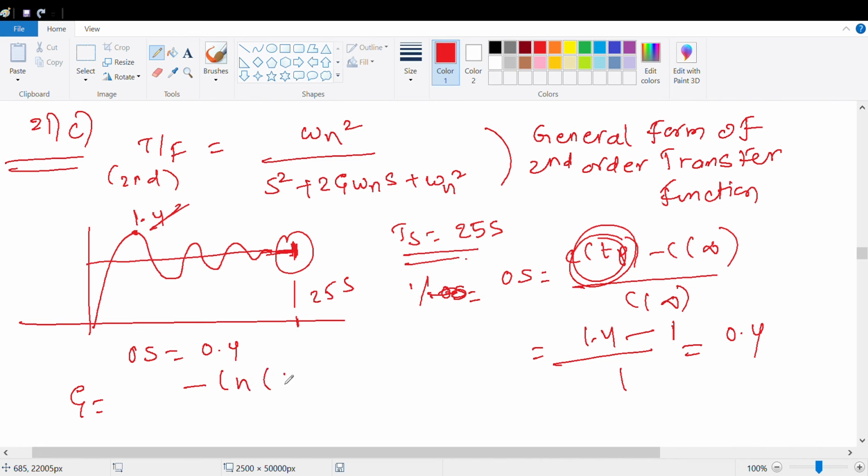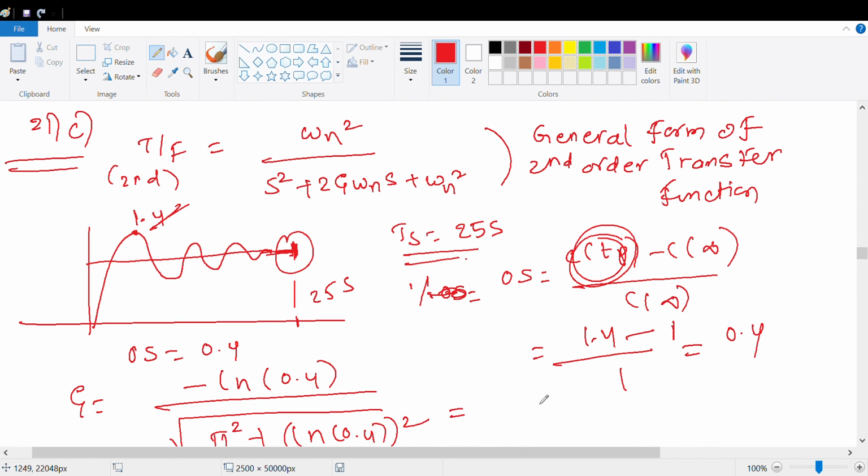Zeta is minus ln overshoot by the square root of pi square plus ln 0.4 whole square. So we would get pi square plus ln 0.4 square, inverse, into minus ln 0.4. It's 0.28. Zeta is 0.28.